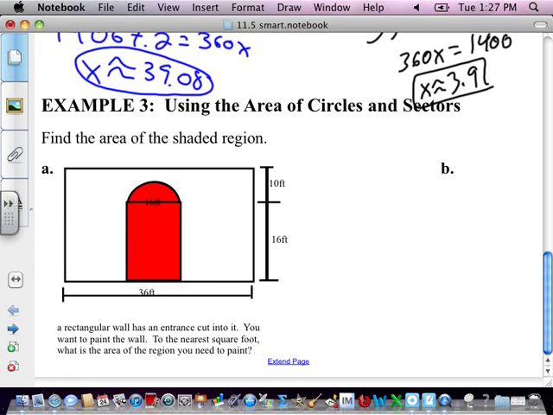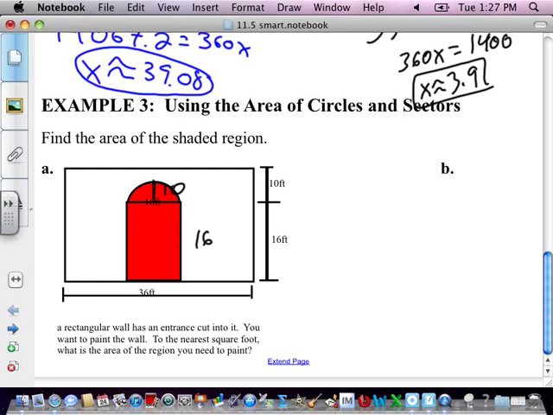So we're going to find the area of the shaded region. We've got to figure out how to basically cut that shape out. Well, we know that this is 16 feet here. We know this length right there is 10. We know the height of this is 16.